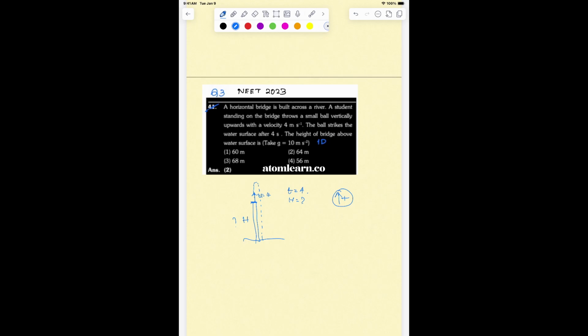Suppose the question is only about vertical motion upward, then there is no change of direction, so everything will be only plus. Similarly, if a stone is dropped from some height, everything is downward motion only. When there is no change of direction, even for vertical motion under gravity, you don't have to bother about plus and minus signs.